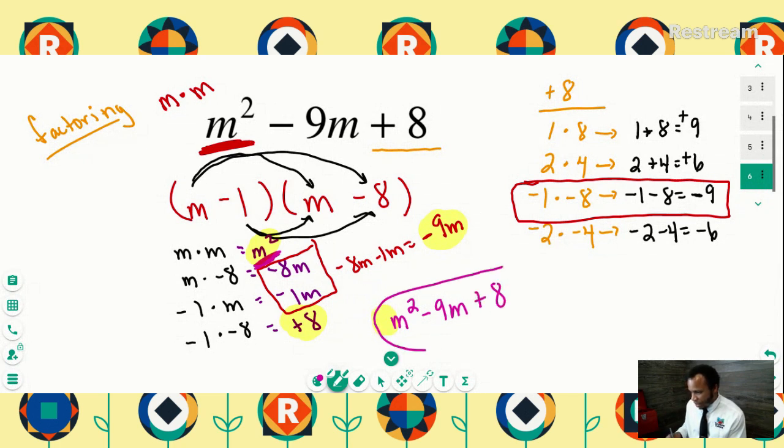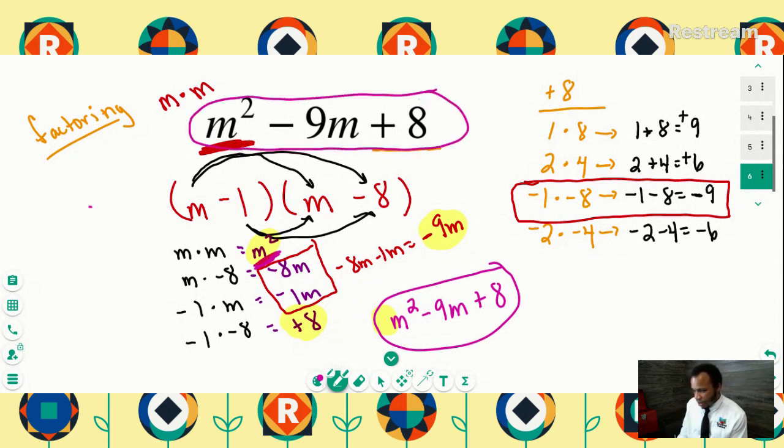And notice that once we work backwards, we wind up with the same thing we began with, meaning that this answer right here is correct. All right. So next, we'll look at another example.